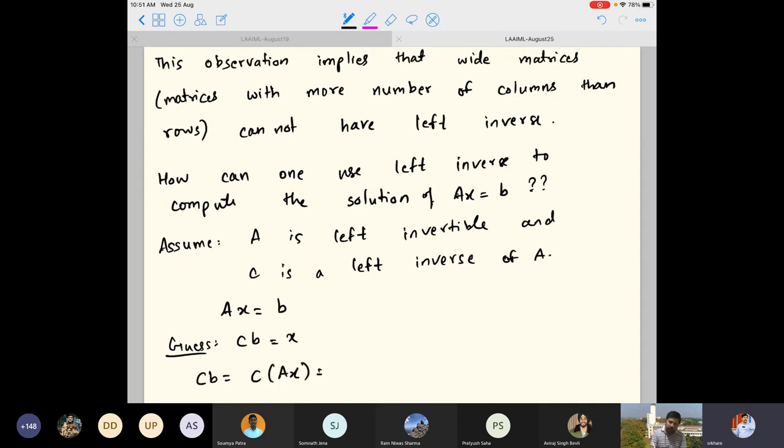B is AX, right? So you can write this as CA into X. What is CA? CA is identity. So X is equal to X. Right, so that's the proof. That's the reason why you guess CB. So if C is a left inverse of A, then this will happen. Is this correct? What have we done?